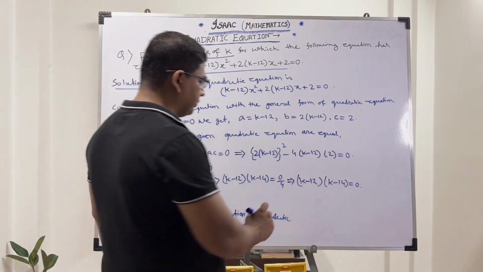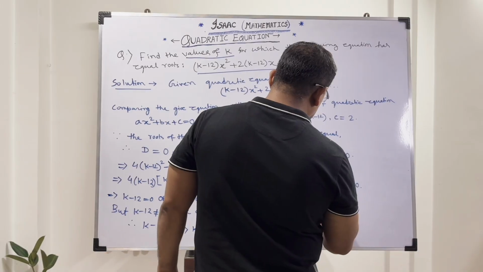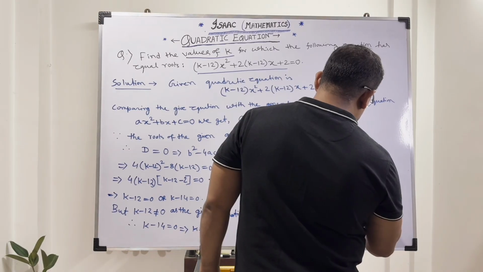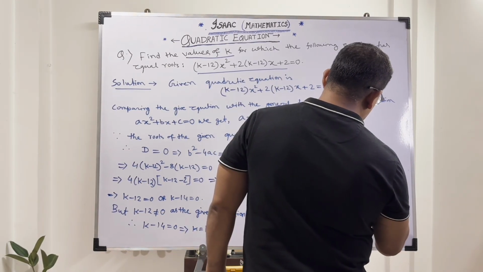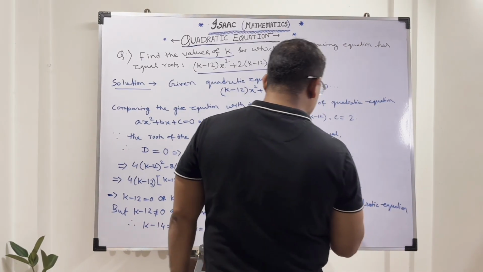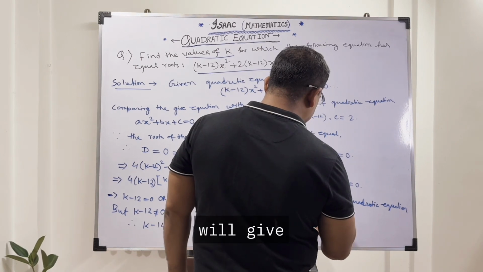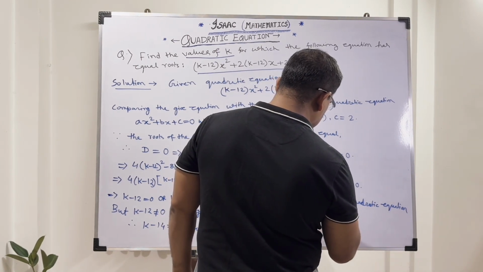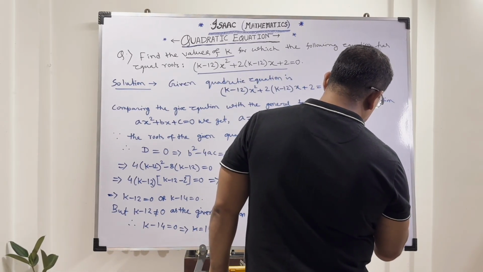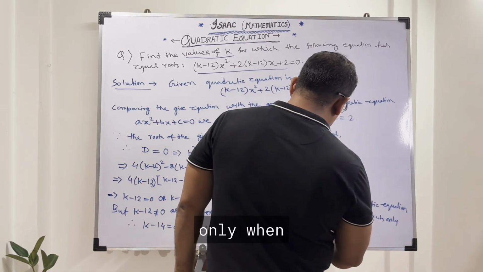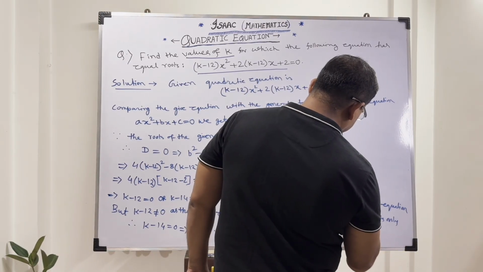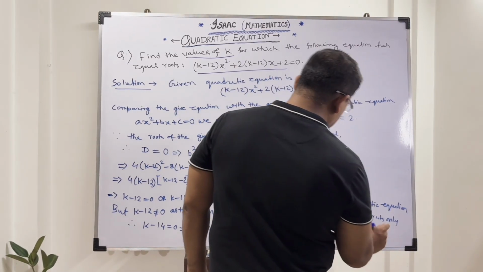So the given quadratic equation will give equal roots only when k equals 14.